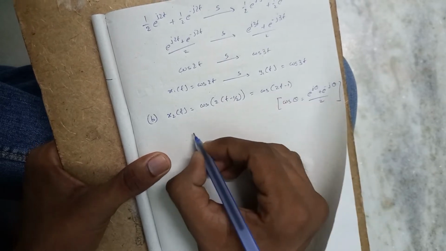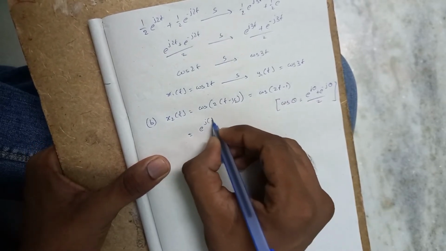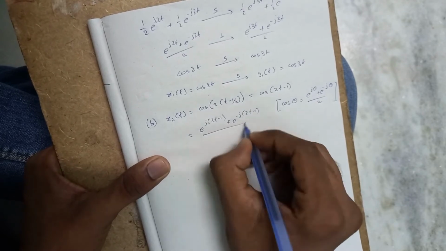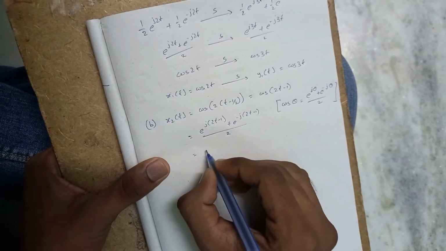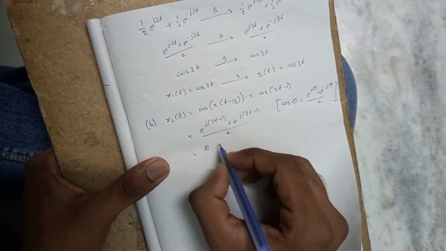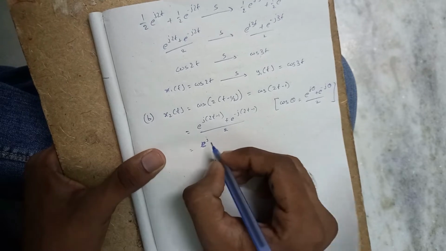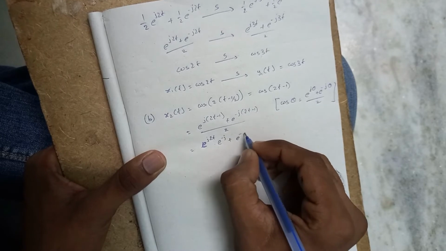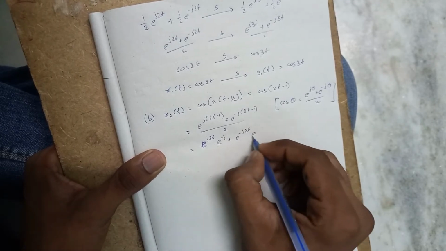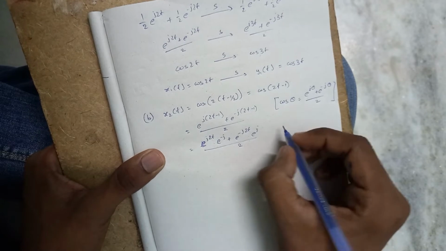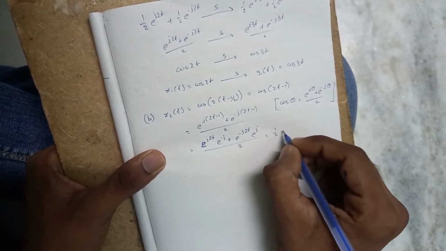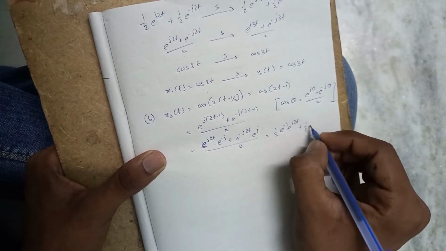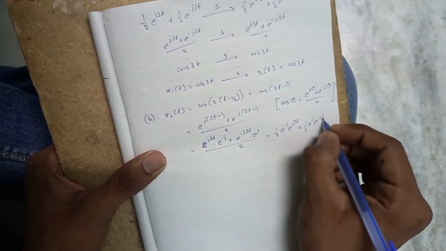So cos of 2t minus 1 can be written as e power j into 2t minus 1 plus e power minus j into 2t minus 1 whole divided by 2, which is equal to e power j2t into e power minus j plus e power minus j2t into e power j whole divided by 2, which is 1 by 2 e power minus j into e power j2t plus 1 by 2 e power j into e power minus j2t.